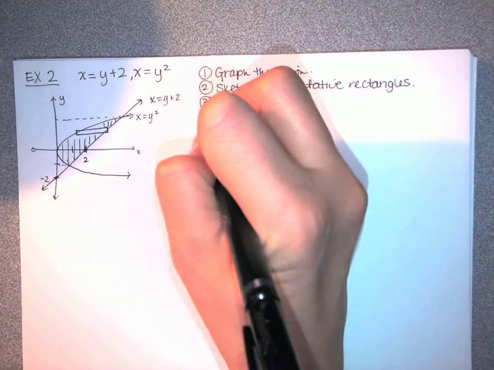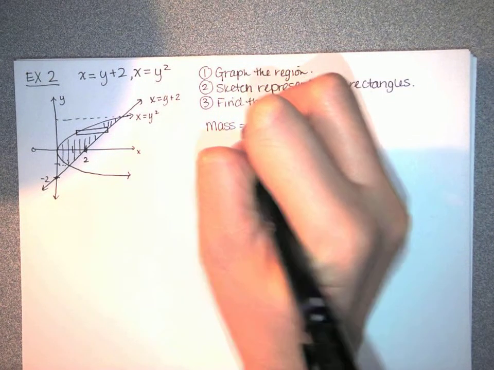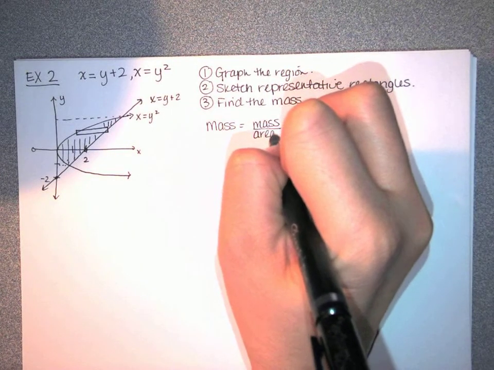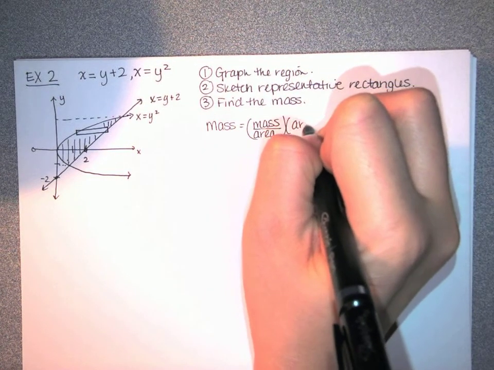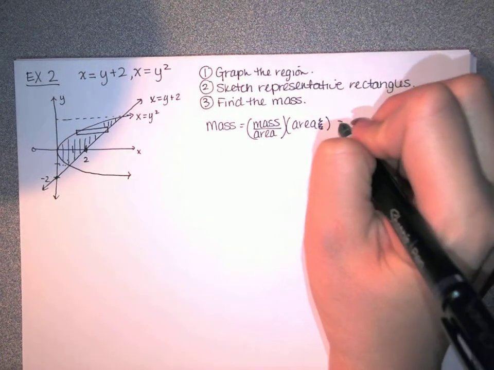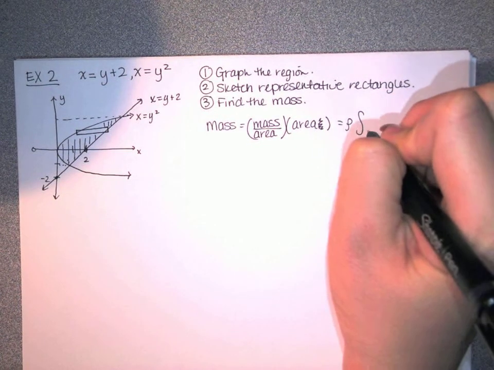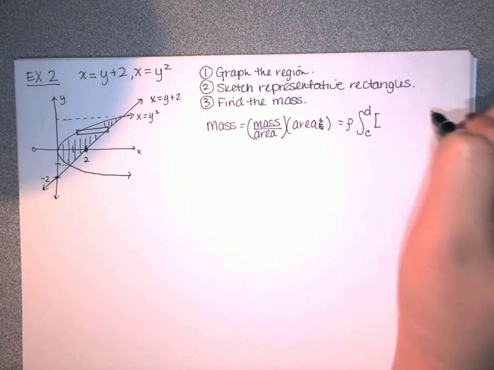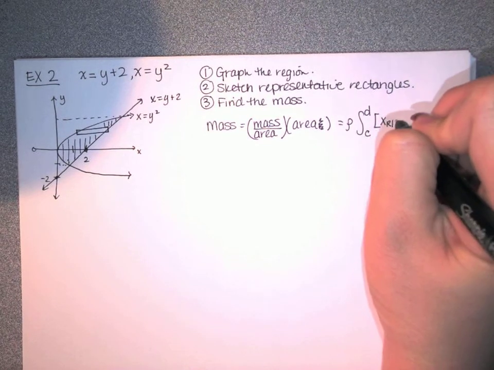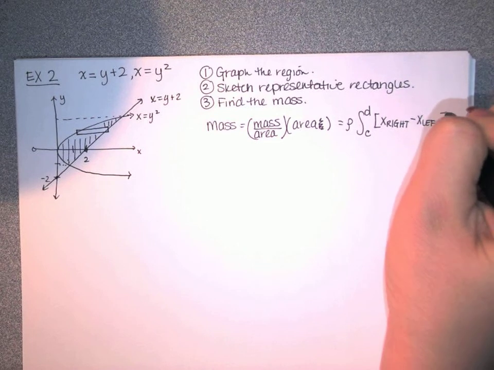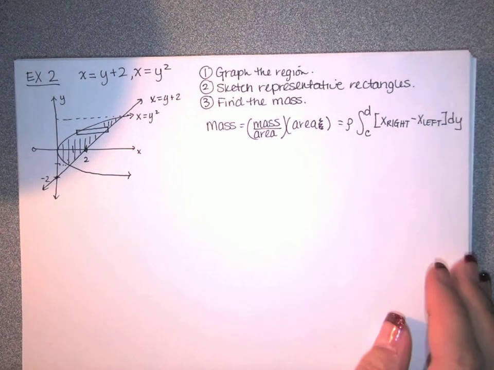So mass is density, which is mass per unit area, times area. So we're going to get density times the integral from y equals c to y equals d of x on the right minus x on the left, and we're going to integrate with respect to y.